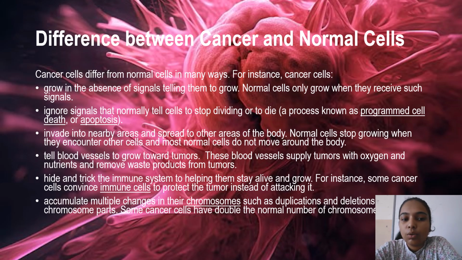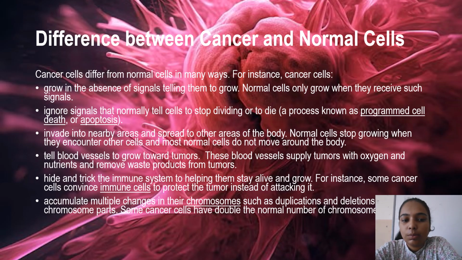Cancer cells ignore the signals that normally tell them to stop, divide, or die, whereas normal cells only divide when they are told to divide, and they continue their growth. Cancer cells invade nearby areas and spread to other parts of the body, whereas normal cells stop growing when they encounter other cells, and most normal cells do not move around the body.